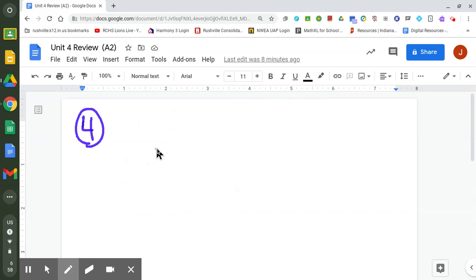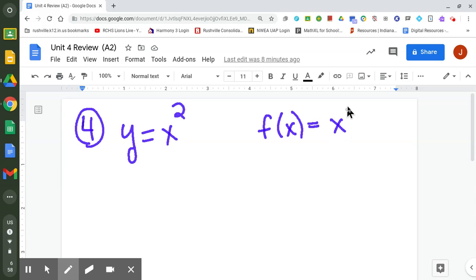Okay, on number 4, you're given the graph of y equals x squared. And then you're also given another function, maybe f of x equals x squared plus 8.